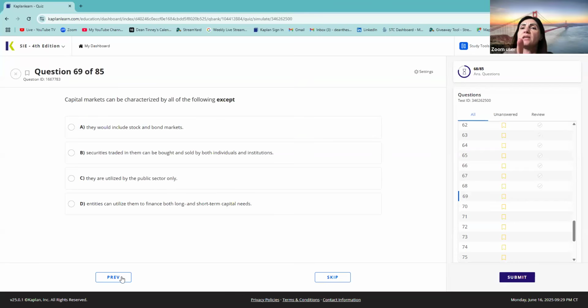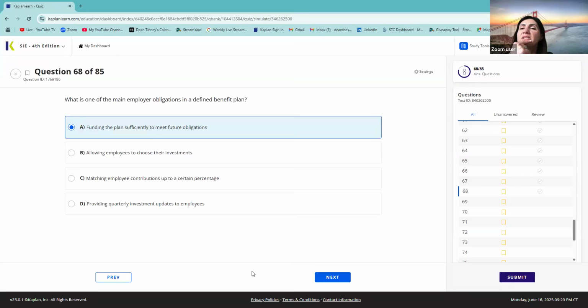But why, for example, is it not the matching employee contribution? Well, because on the defined benefit, you don't have to match anything. I say, hey, you don't need to do anything for your retirement. We're going to take care of it for you. Not many employers do that anymore. It's more like your granddad or grandma's pension plan.